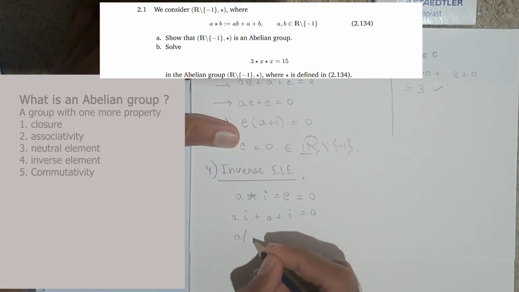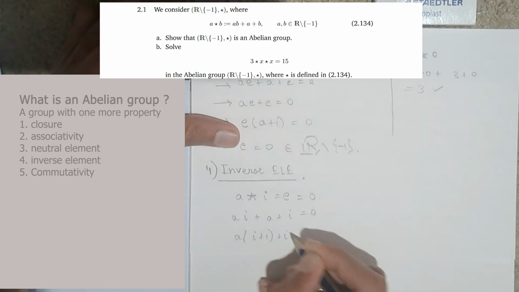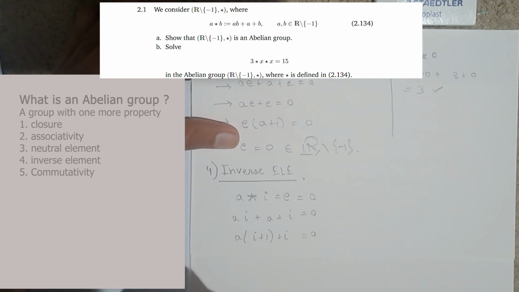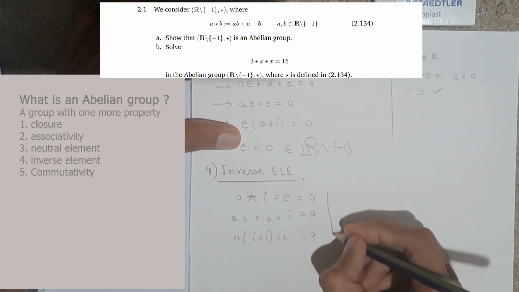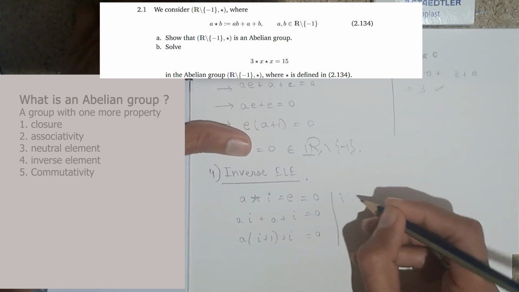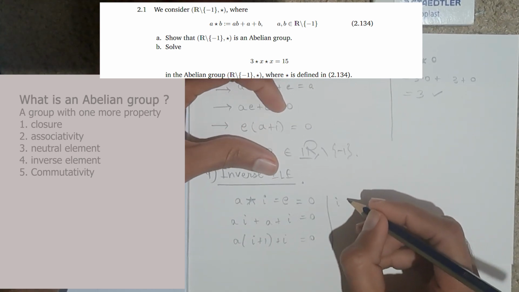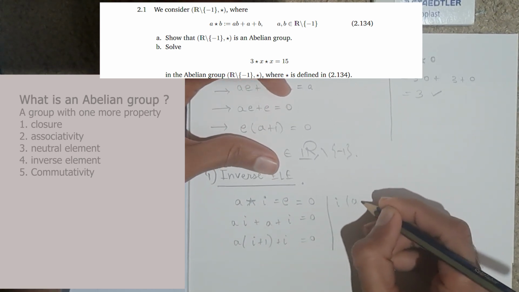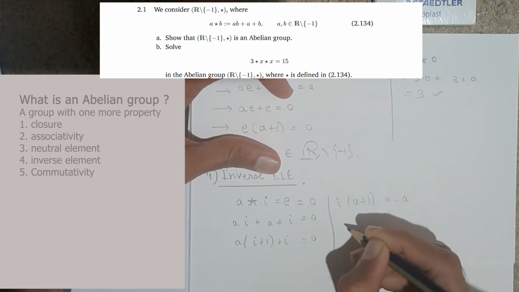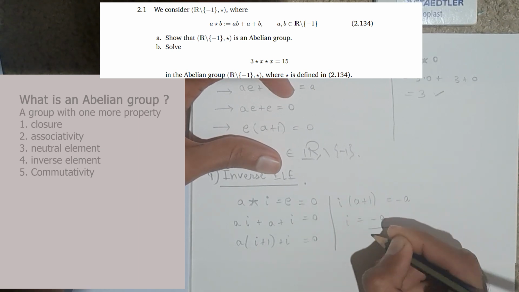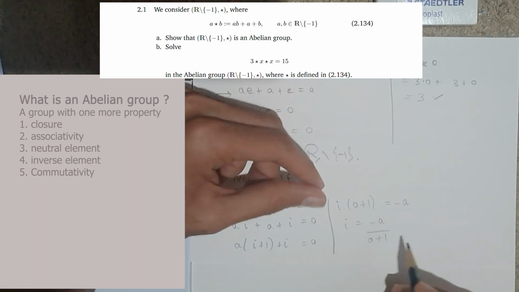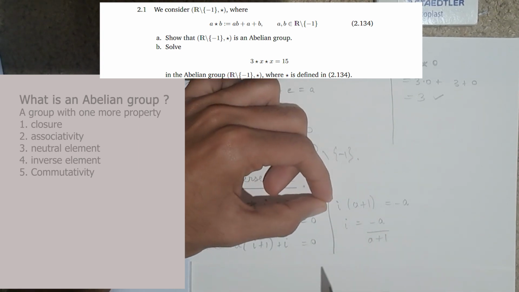Okay, let's take A common. That gives you A times I plus 1 plus I is equal to 0. Actually, it's better to solve for I first. So let's solve for that instead. So let's take I common instead. That gives you I times A plus 1 is equal to minus A. And I equals minus A over A plus 1. So this is how you can get an inverse element for any A.